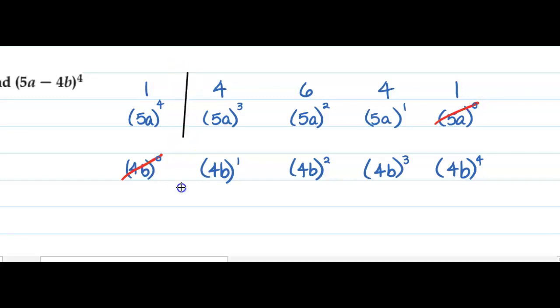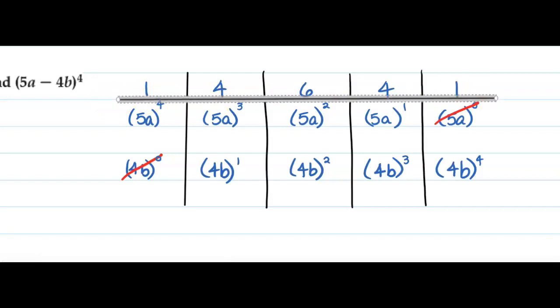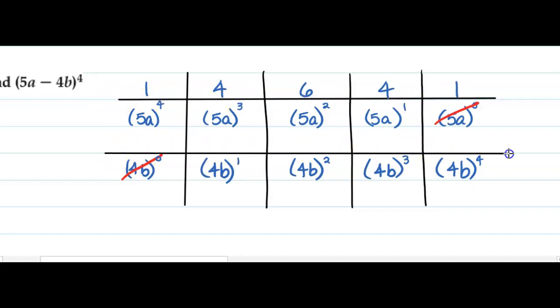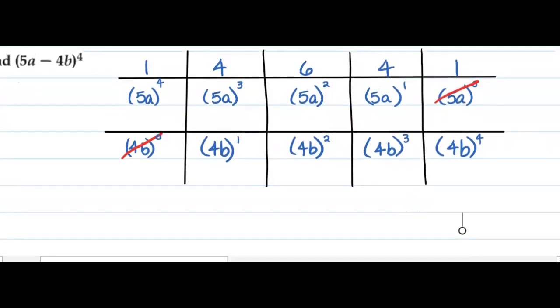And again, if it helps you keep things a little organized, go ahead and create your table. It helps you to draw those lines in. There's nothing wrong with taking an extra moment to just get those drawn in. All right, now we are ready to multiply. 5 to the 4th is 625.